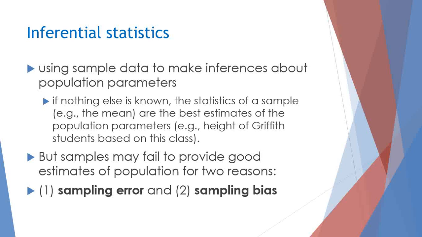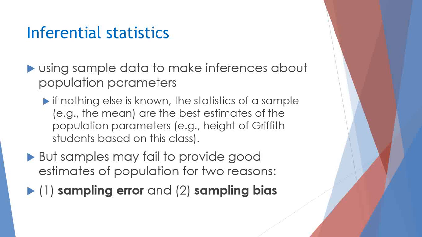So, for example, if we wanted to avoid having to measure the height of every Griffith student, we could just look at a sample of the students in this class, and all things being equal, it would be the best estimate of the underlying population, so the height of all Griffith students.